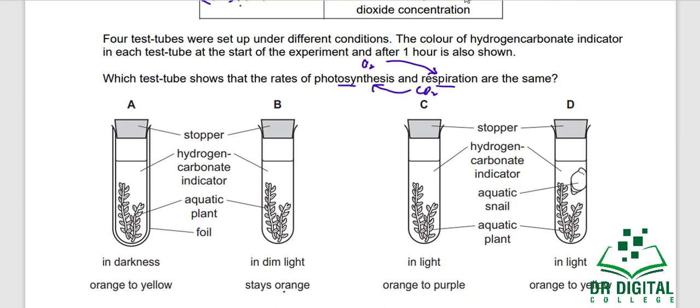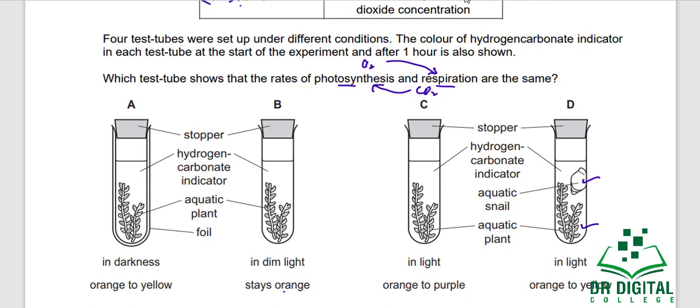In light, as there is an aquatic snail, photosynthesis is occurring, but the rate of respiration is higher than the rate of photosynthesis, because the plant is respiring as well as the animal is respiring. That's why the color is changing from orange to yellow.